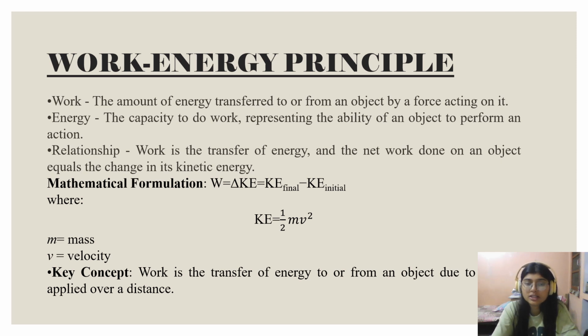Therefore, the mathematical formula goes like W, that is work, is equal to change in kinetic energy, that is KE final minus KE initial, and the formula for kinetic energy is half mv square, where m stands for mass and v stands for velocity. The key concept here is that work is the transfer of energy to or from an object due to force applied over a distance.